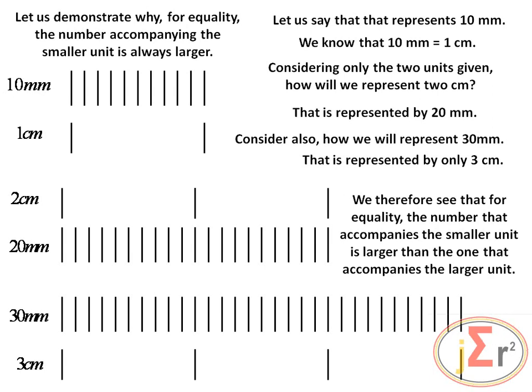So it will take more of the smaller units to give a particular length. As a matter of fact, it will take more of those small centimeters to represent the same distance in the larger unit.